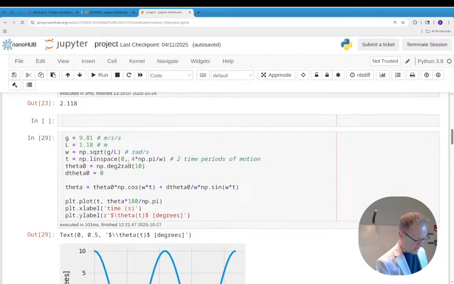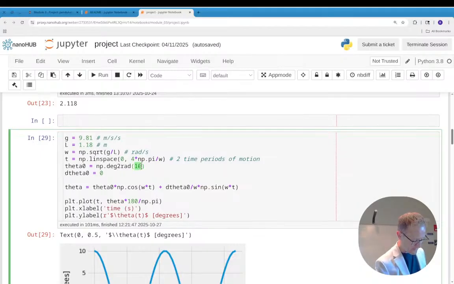How small is small enough? 10 degrees feels like it's small enough, because it's the same answer. It's within 0.1 degrees of the nonlinear. When is small enough for an angle? This one, there's no wrong answer. How small does it need to be?